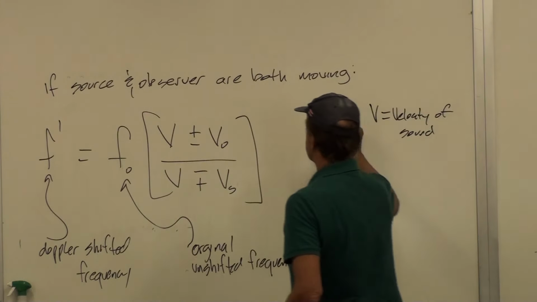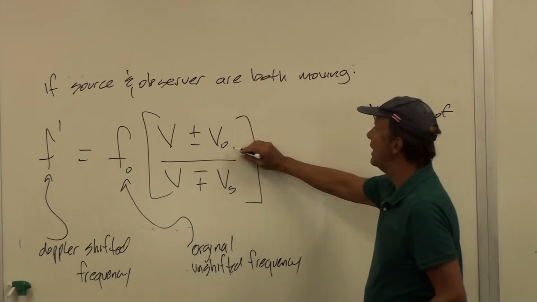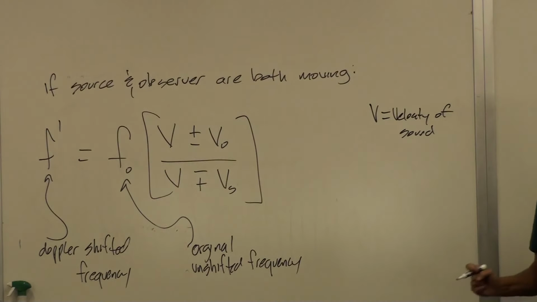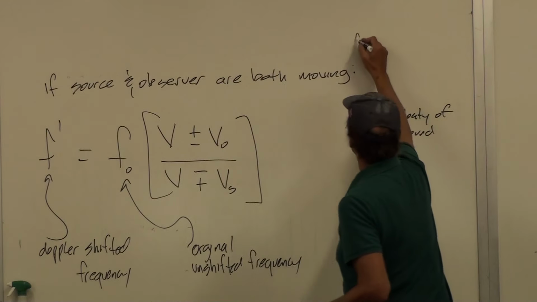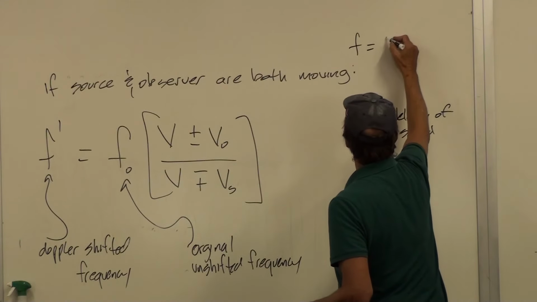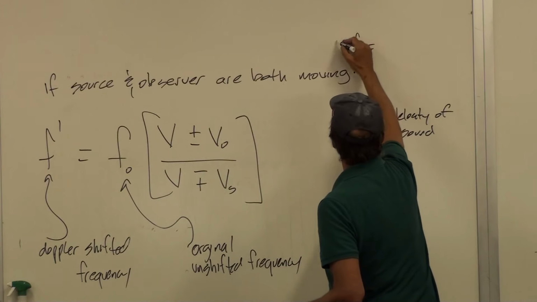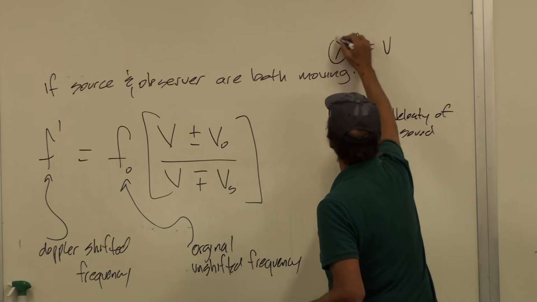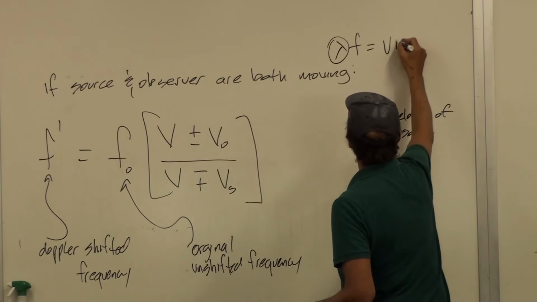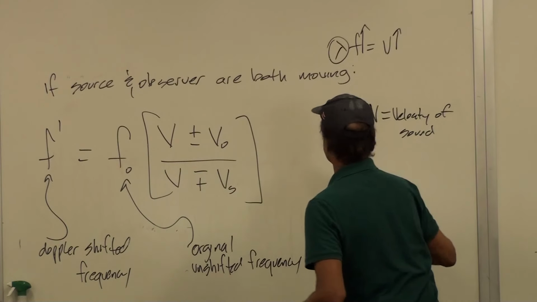Okay, and so remember that it was an increase in velocity when the observer was moving toward or away from the source. That was a numerator effect. Frequency times wavelength was velocity, and the wavelength stayed the same. So when the velocity went up, the frequency went up.